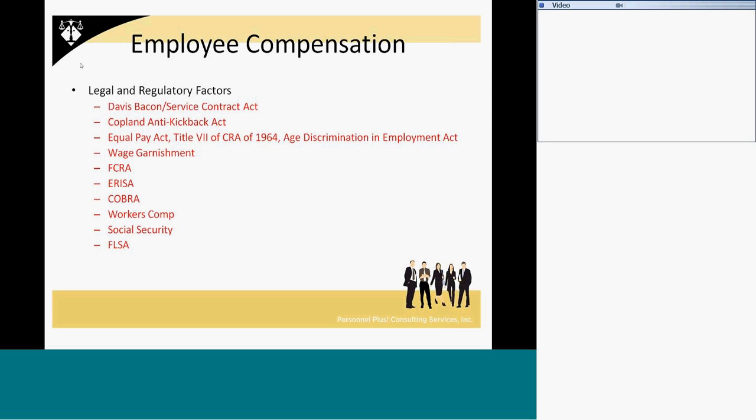COBRA, the federal law, stands for the Consolidated Omnibus Budget Reconciliation Act of 1986. And COBRA was the law that set up the requirement for employers that have 20 or more employees that have group health insurance, to make sure that they have the right to continue to participate in that health insurance plan, depending on the reason they left employment, for up to 36 months after the loss of eligibility.